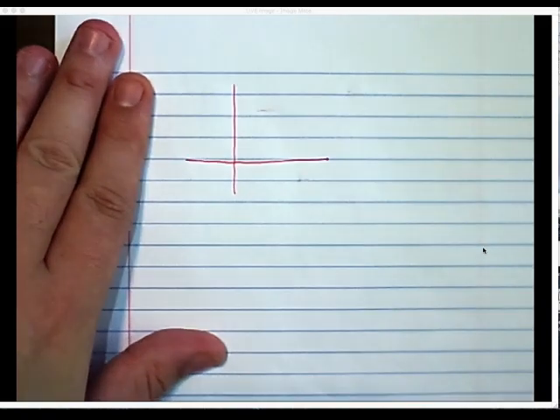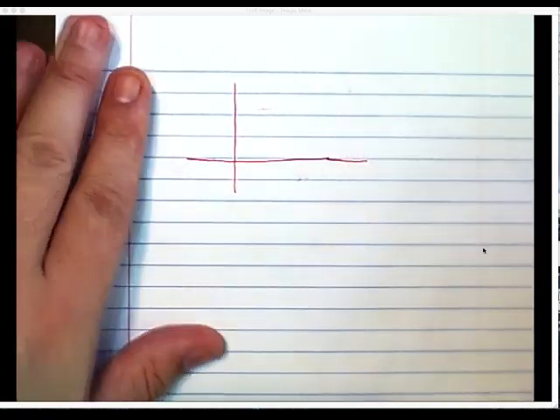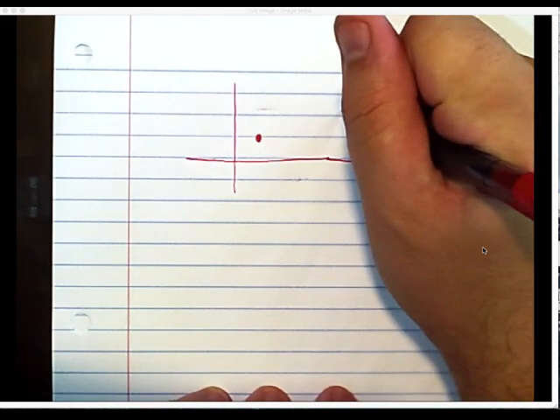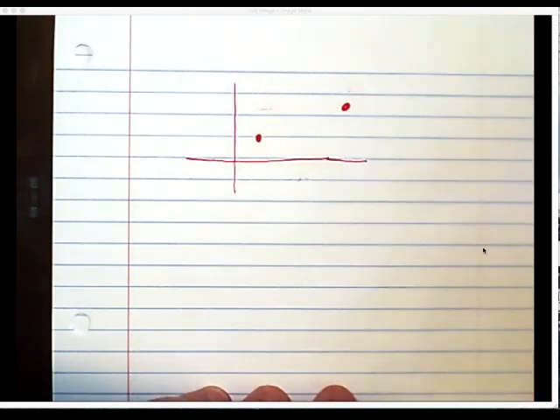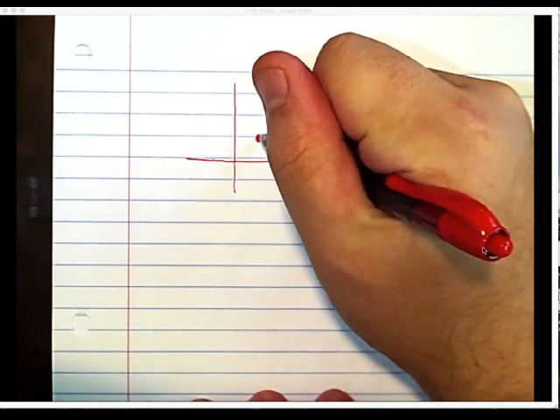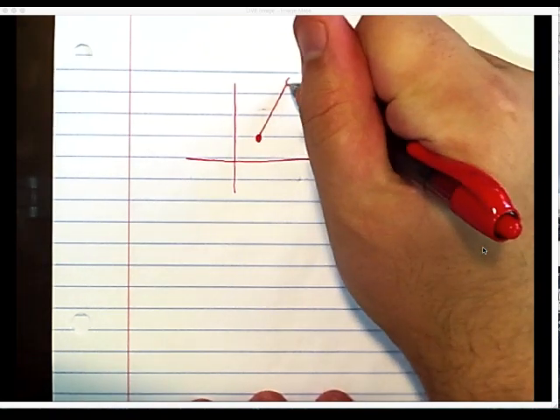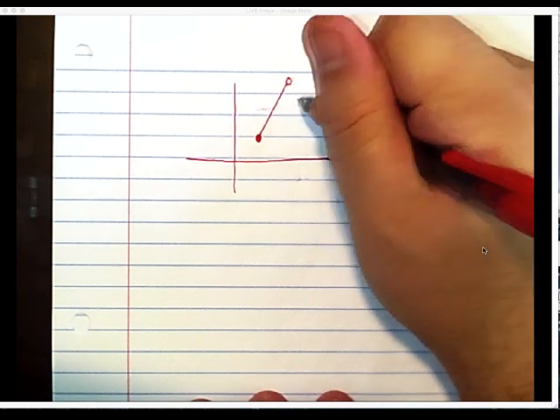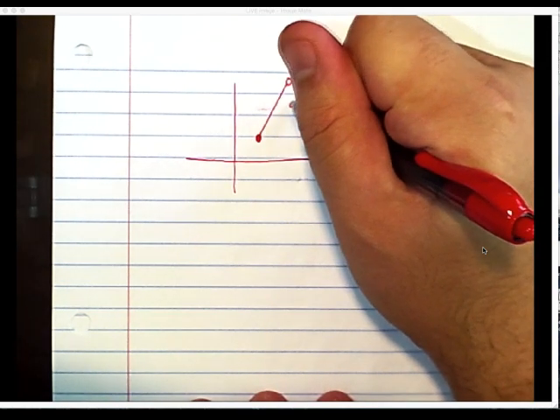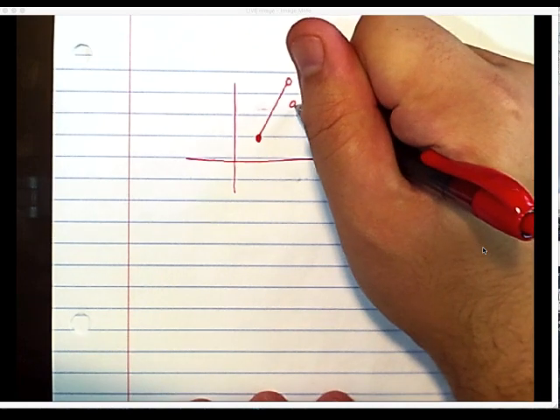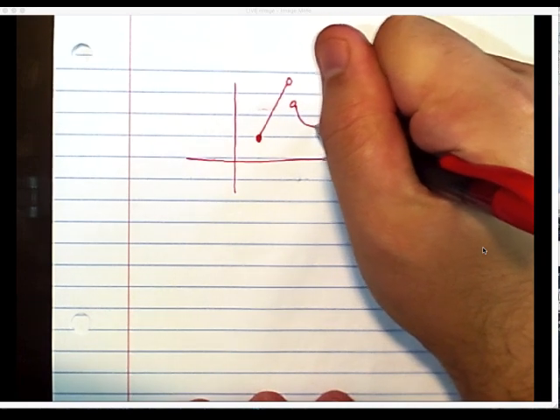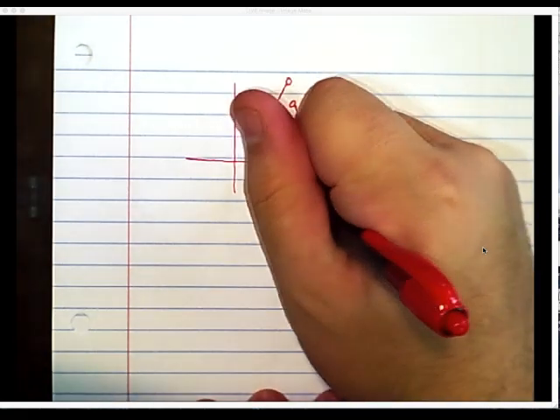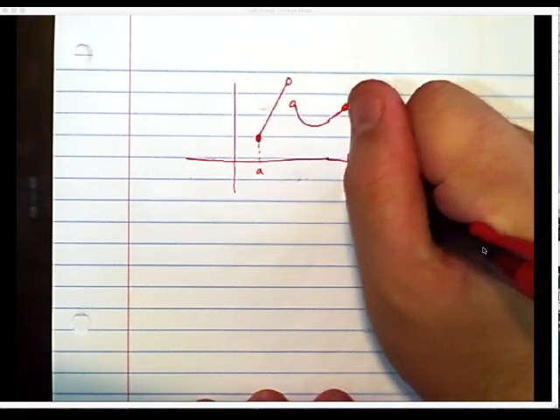Okay, so let me show you a counterexample where we would not have an absolute maximum. If the graph is not continuous, all right, if I start the graph here, okay, this is the A value and this is the B value.